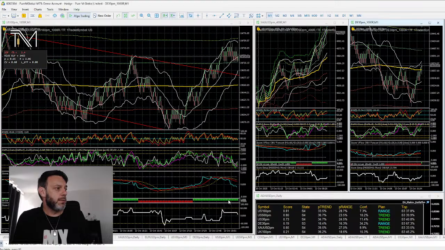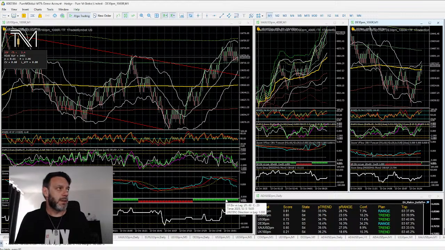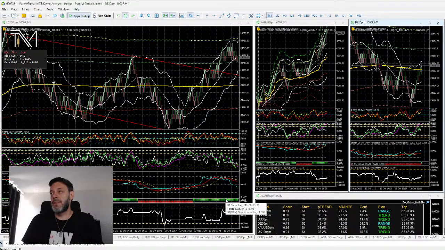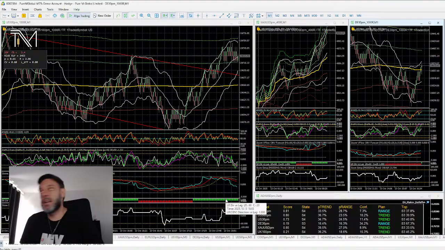If it goes down and we get a buy signal, we will follow it because it's according to the histogram, and the histogram is very important, guys. It saves you many times.